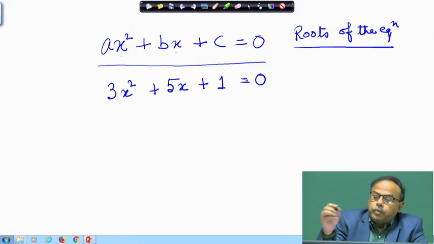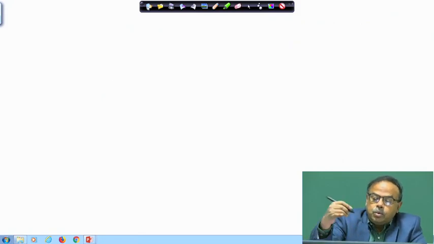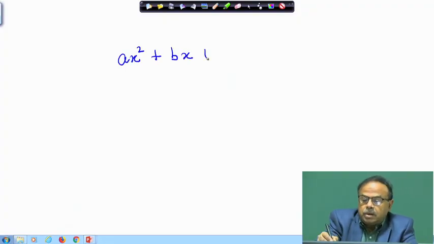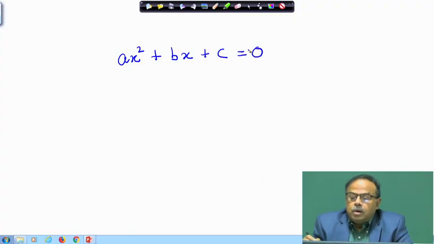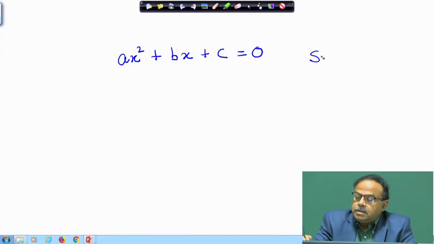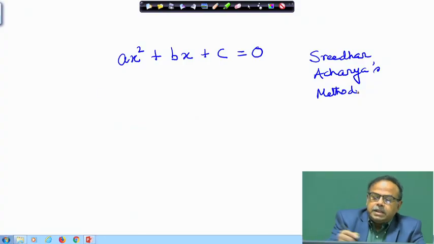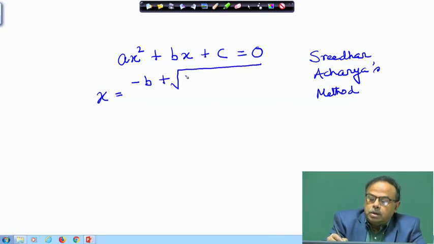We know that we can solve this general equation by the well known Sridhar Acharya's method, that is x is minus b plus minus root over b square minus 4ac, divided by 2a.